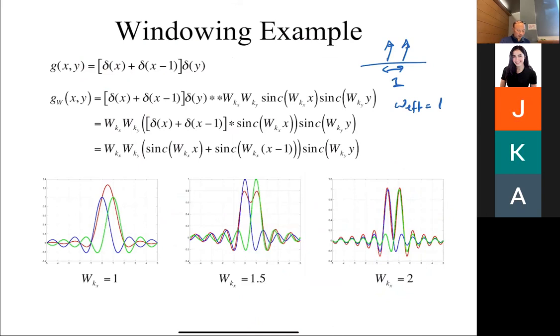And so that means my wkx should be 1 over w effective, which is 1, okay? And so if I do a sinc with that wk, this is what each of those delta functions becomes, a sinc function, right? When it's convolved with it. And you notice the sum of those two just has 1 peak. So at the limit, when I pick that, I can't resolve those two things, okay?